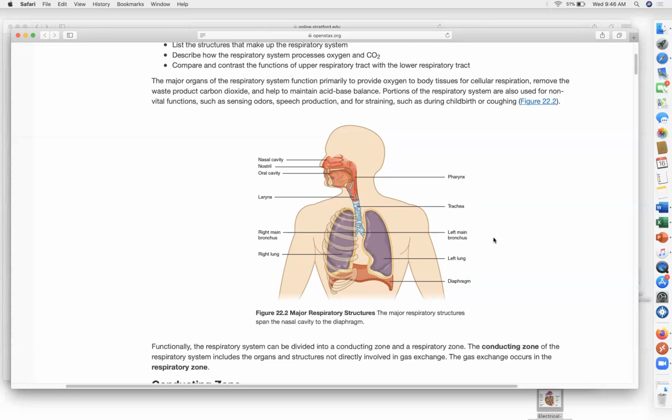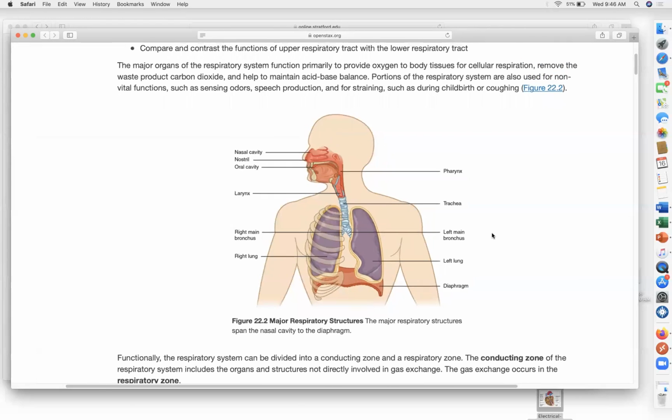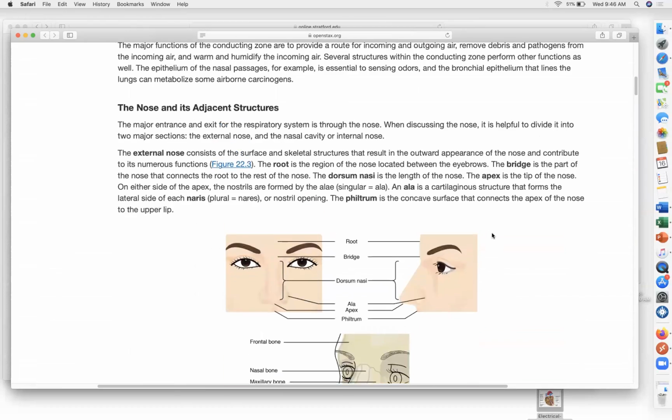Those are serious things, and that warrants serious concern and a potential visit, at least to an urgent care.